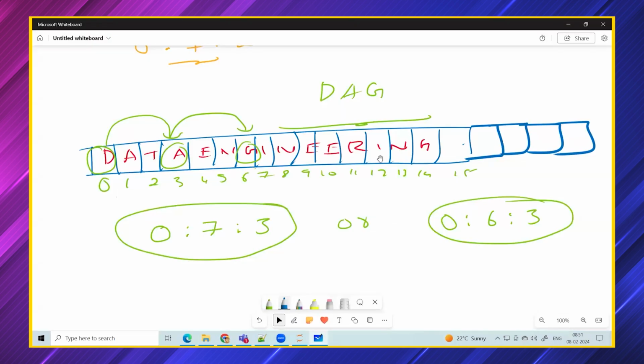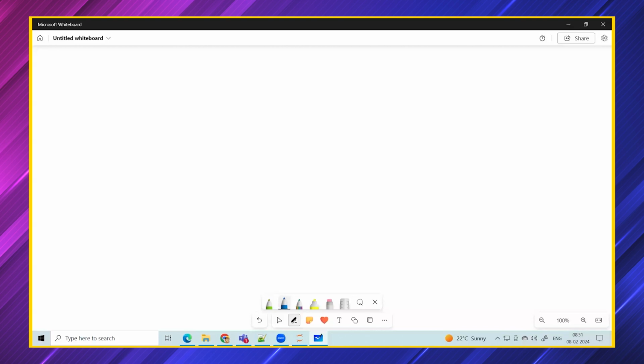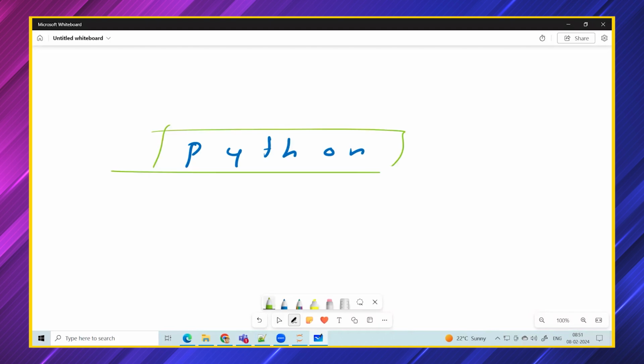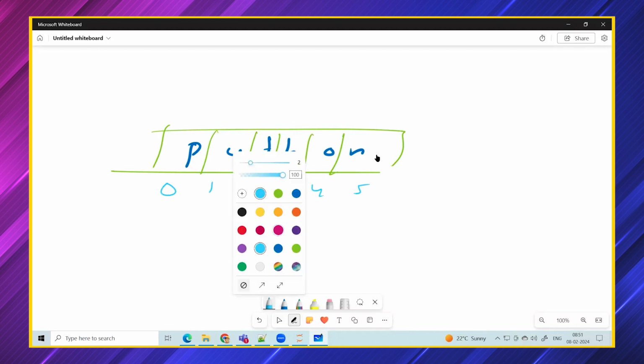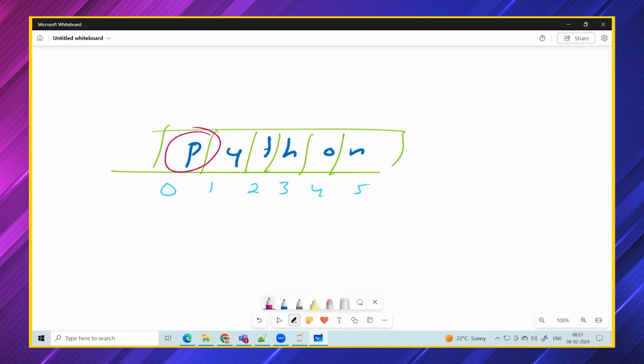I'll give another try to explain this. I want Python. So let's observe this box I'll prepare: 0, 1, 2, 3, 4, 5. The indexing will start from 0. What I need is P to O, so the start position will be 0.